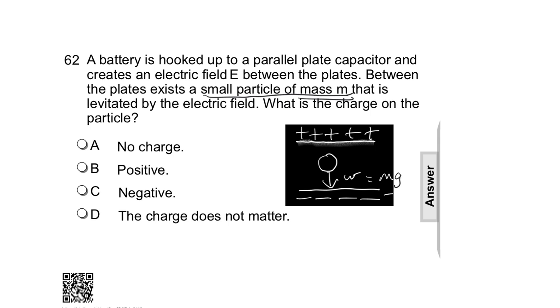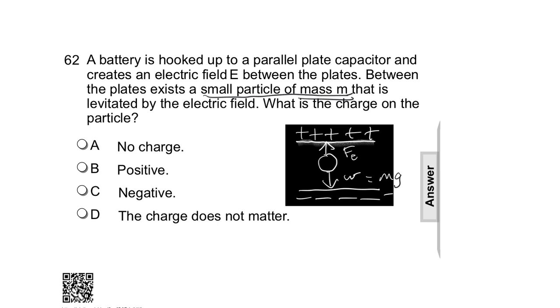Well, the electric force would have to be upward in this case. So if it's going to levitate, the electrical force would have to be upward, equal to the weight.